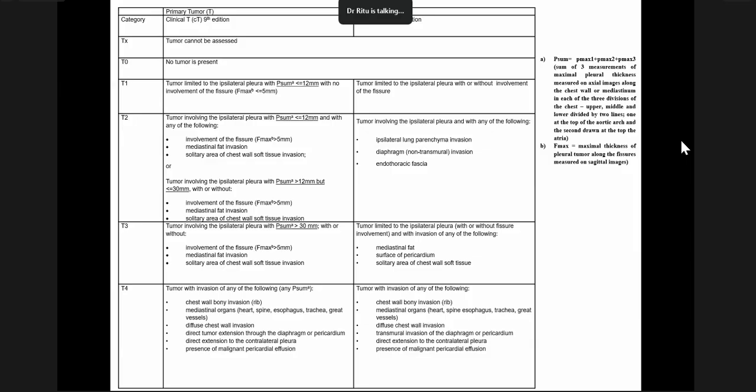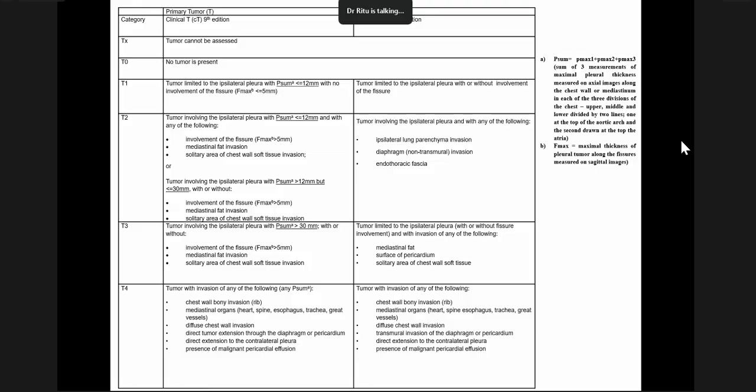This is the ninth edition of the AJCC pleural mesothelioma T staging, which was recently updated to include a size cutoff for T1 to T3 categories. We included a tumor size of less than 12 millimeters for T1 tumors without any fissural involvement.